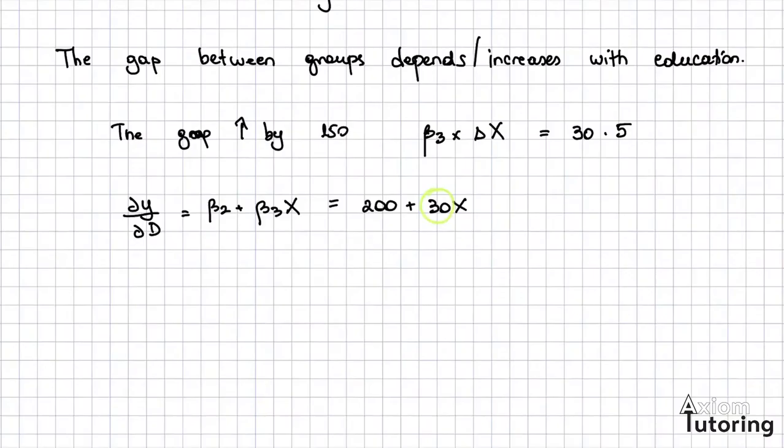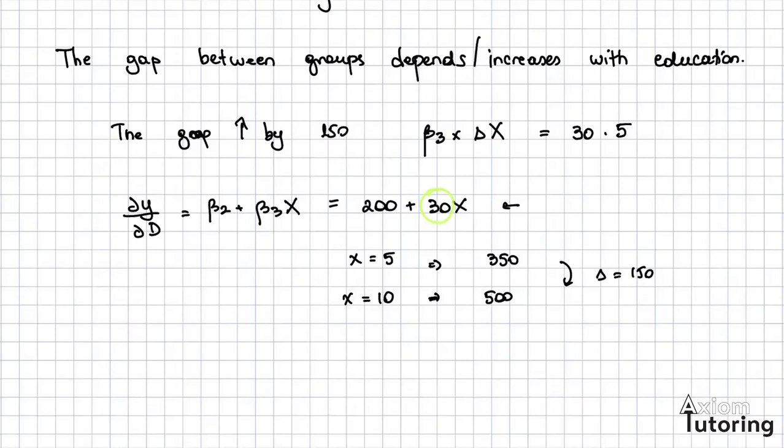You can do the computations using this formula, and try x equal to 5 and x equal to 10. You will find that for x equal to 5, a value of 350, and for 10, a value of 500. And the difference is going to be all over again that 150. So the numbers agree perfectly with the formula. There's nothing new that we're adding here. It's just another way of showing exactly the same thing.